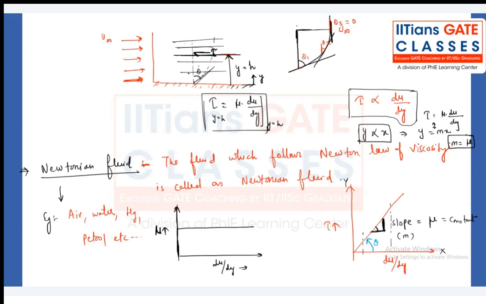See, on a y-axis we are measuring the slope with the horizontal, but in our fluid mechanics, whatever the rate of deformation, whatever the velocity gradient we are measuring, is with respect to the y-axis. Are you getting my point or not? Do not get confused. Let me write theta dot. Yes or no, guys? For the velocity profile, we are measuring with respect to the y-axis.